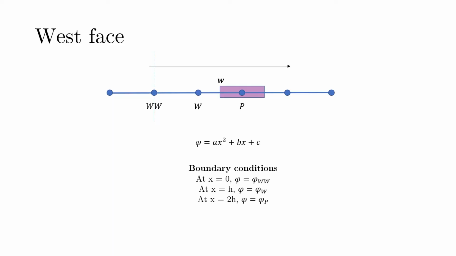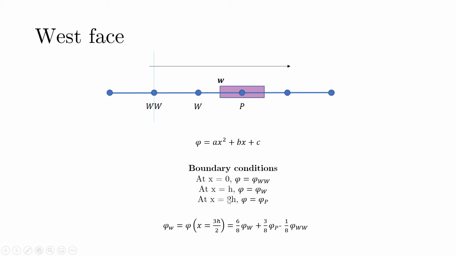The only difference is your a, b and c would be different, but that wouldn't affect your final answer, and I'll show you why. Now since we are interested in this west face over here, from this origin the west face is at a distance of x equals 3h by 2, because this is h by 2, so this becomes 3h by 2.